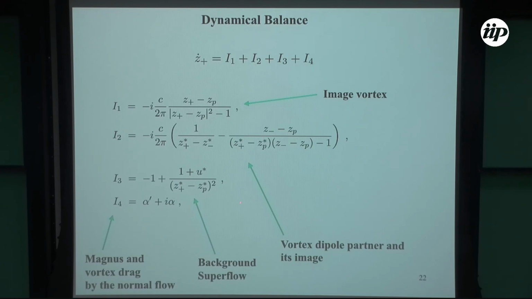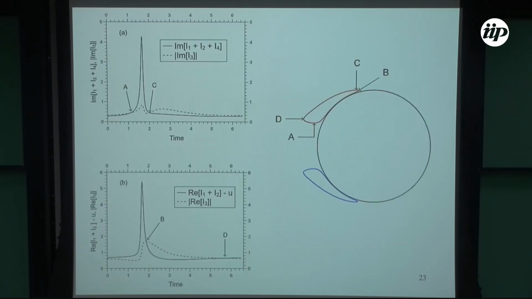Then there is a contribution from the superflow background. And finally, the contribution from the Schwarz description, I4. So we can compare the background superflow contribution with all the others and see how this competition goes.